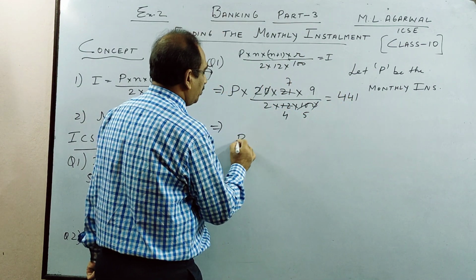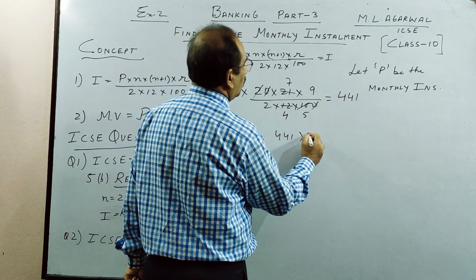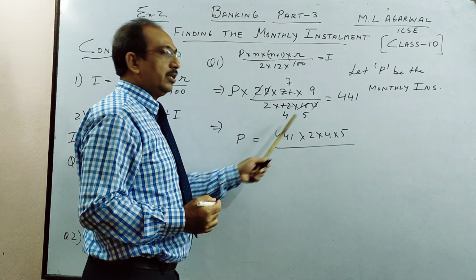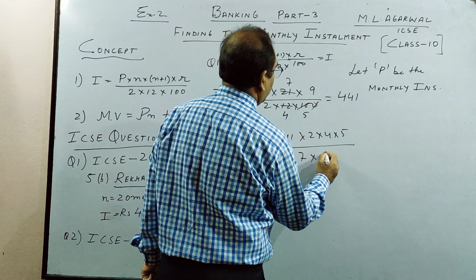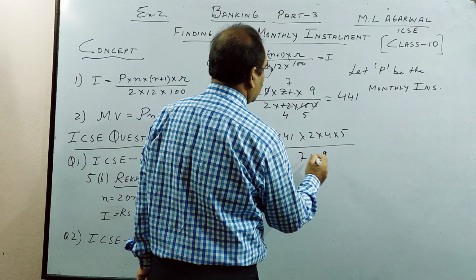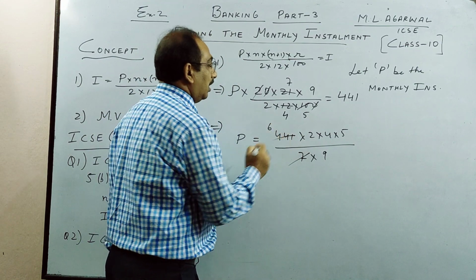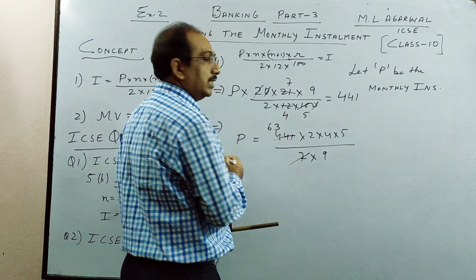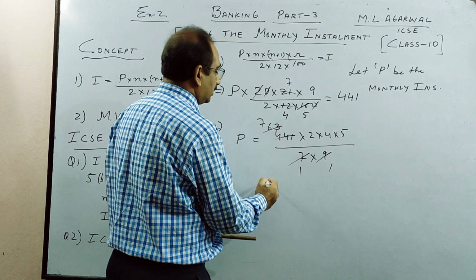So let P be on the left side: 441, 2 into 4 into 5 goes up, denominator becomes numerator, and this side we have 7 into 9. Let us try to cancel this by 7. 7 6s are 42, 2 plus 1 is 3, 63. So 9 1s are 9, 9 7s are 63.